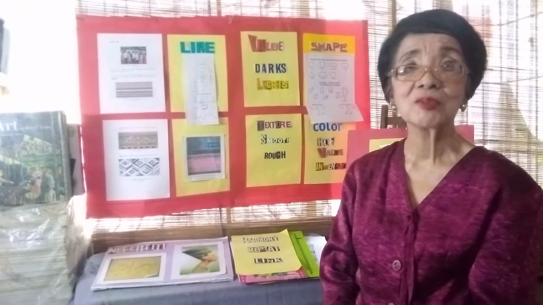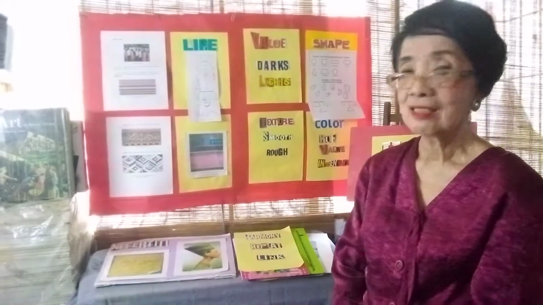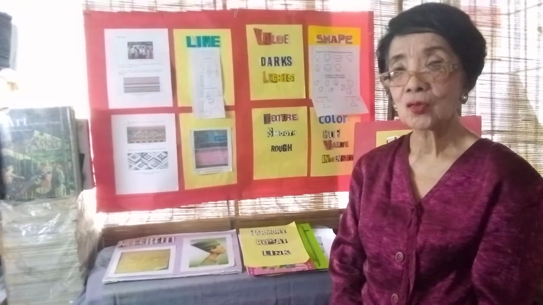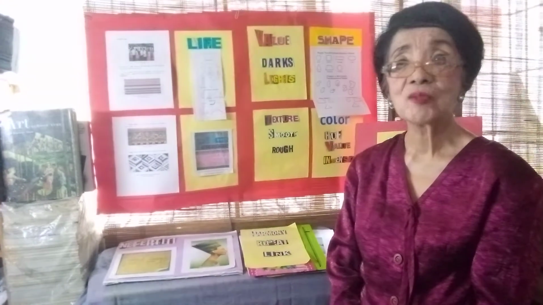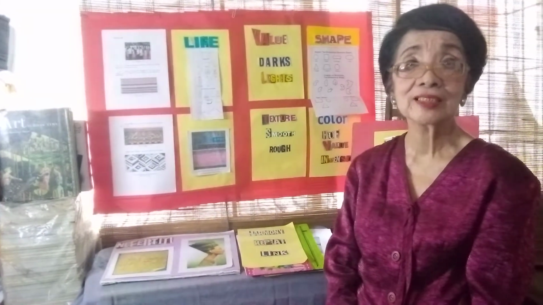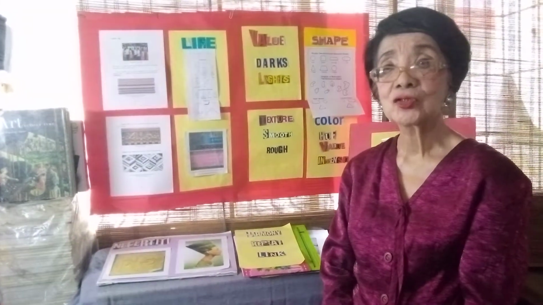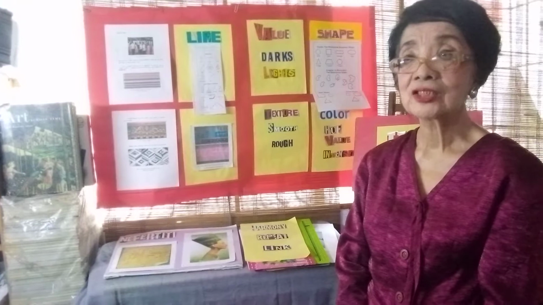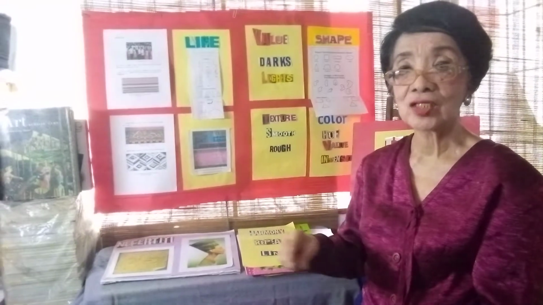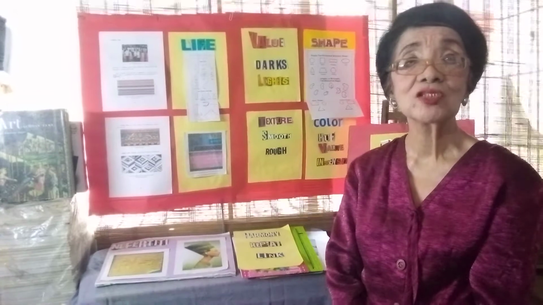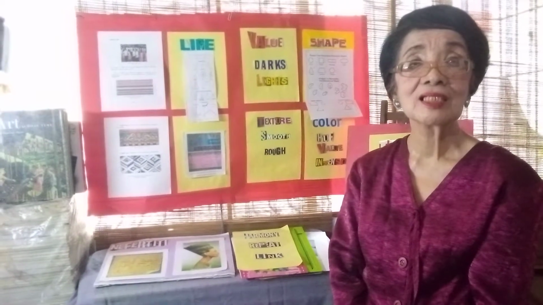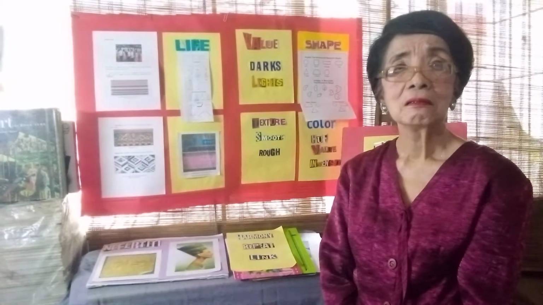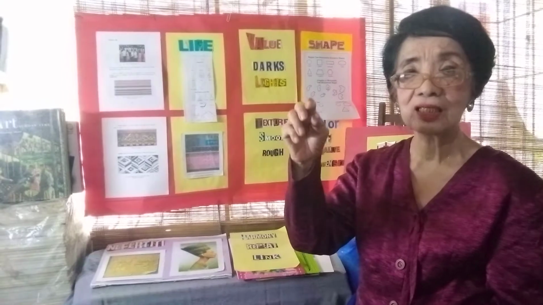Some activities which can be incorporated here in our lesson for line. One would be for the learner to draw a contour of the things he has in the room where he is studying. Another is to choose an object outside of his house which he can also draw in contour, because we want him to describe what his environment is. For starters, that could be even from grade 1. You just say, okay, draw the edges.